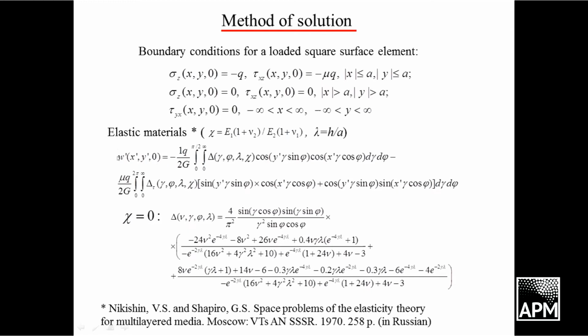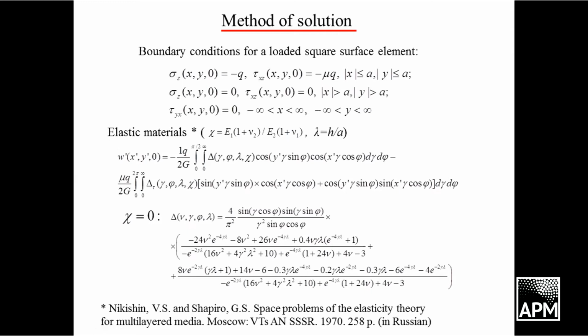We can present here the normal displacement of the surface. And if we have normal displacement of the surface caused by such a type of loading, then we can use this solution to find the influence coefficient and to use an iteration procedure to solve the contact problem.